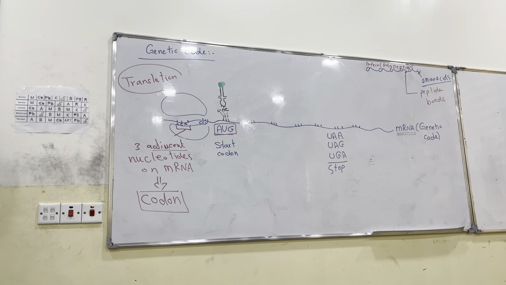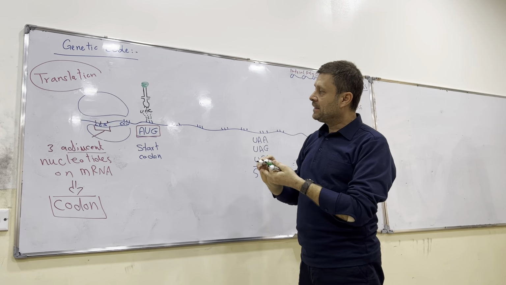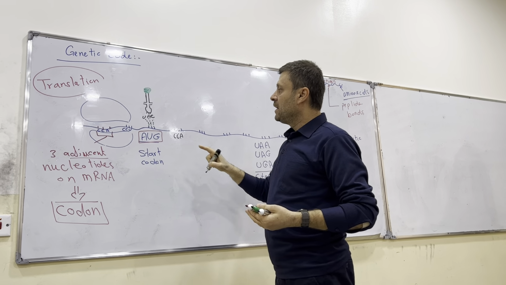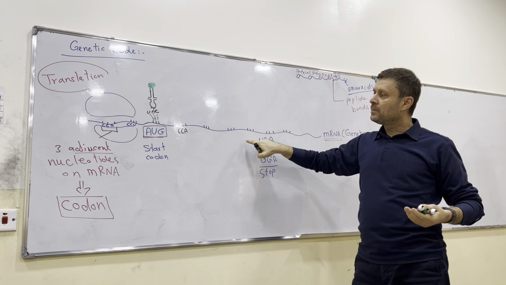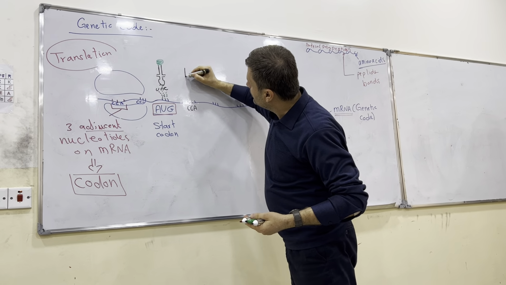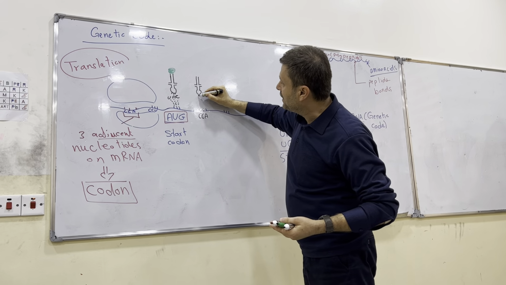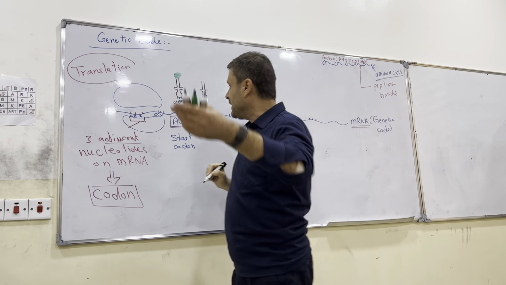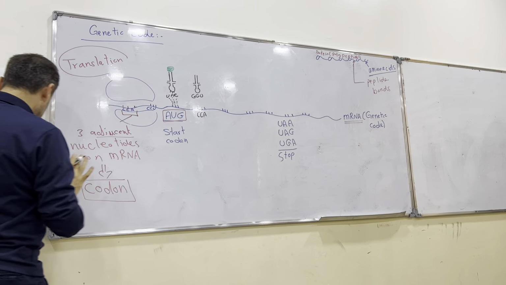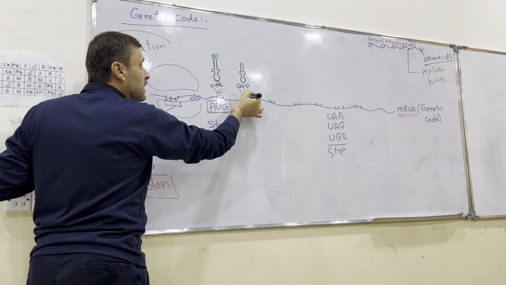Then it awaits for the next tRNA. As it connects, the next tRNA has an anticodon complementary to the next codon, so directly a hydrogen bond is formed between the codons and the anticodons.